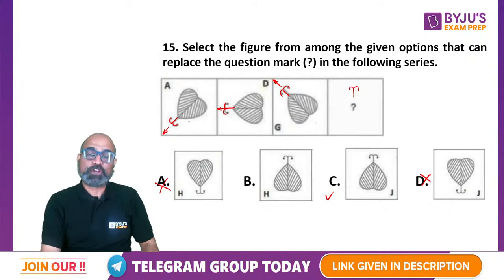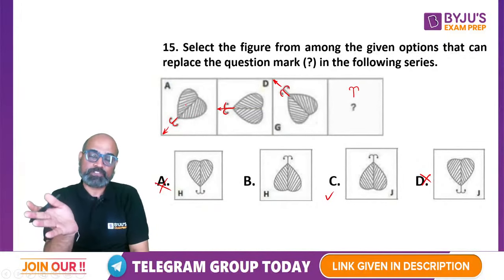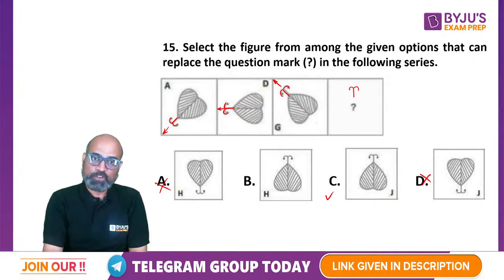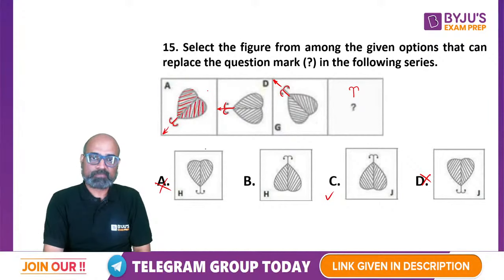Next, if you look at the shading that has been done on either side of the heart shape, you will find that the shading is being done in such a way that it is pointing on that side where the fish hook is not there, right?